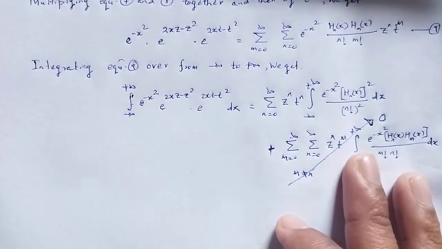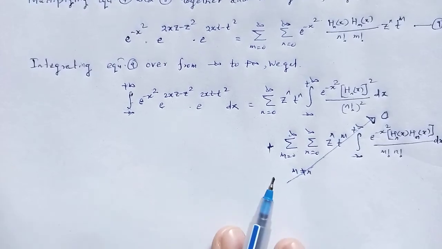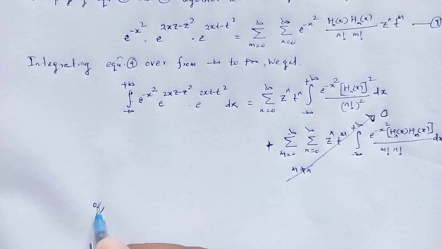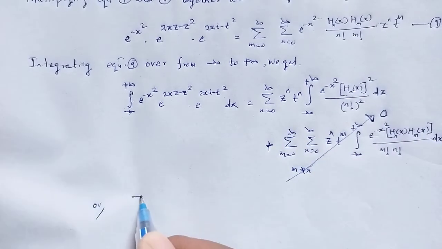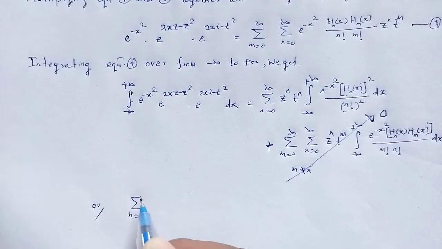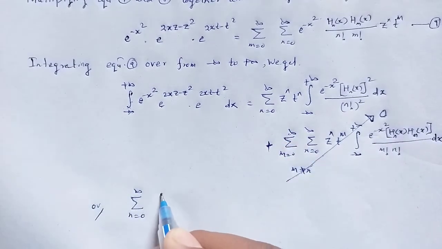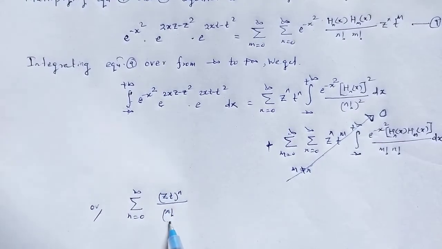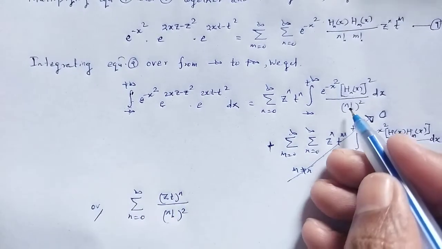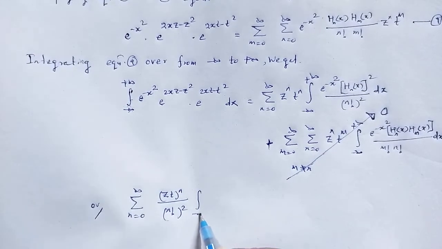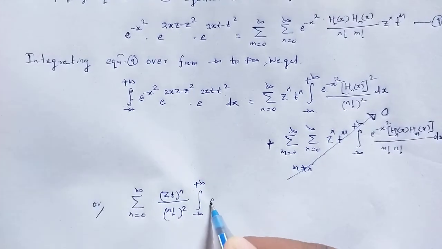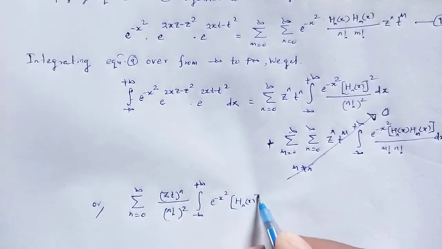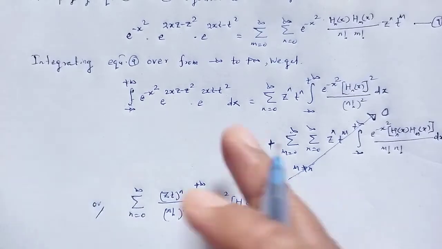Therefore, we can write the summation over n from 0 to infinity, that is (zt) to the power n divided by n factorial square, integration from minus infinity to plus infinity e to the power minus x square Hn(x) square dx, will be how much?